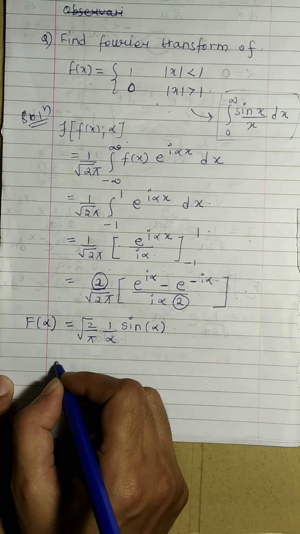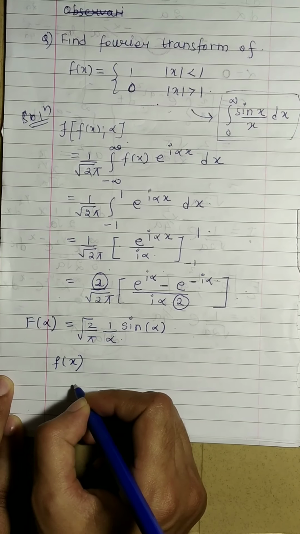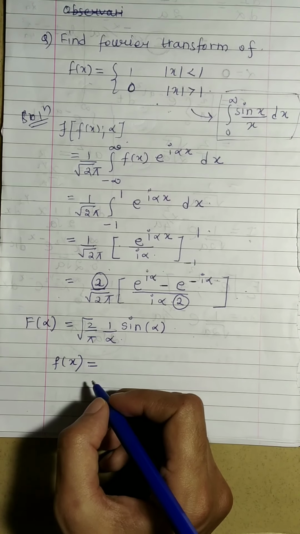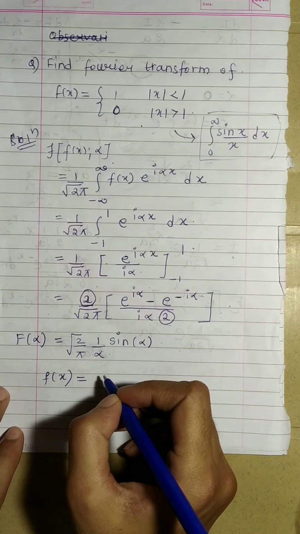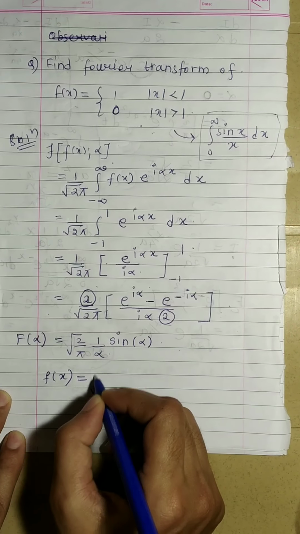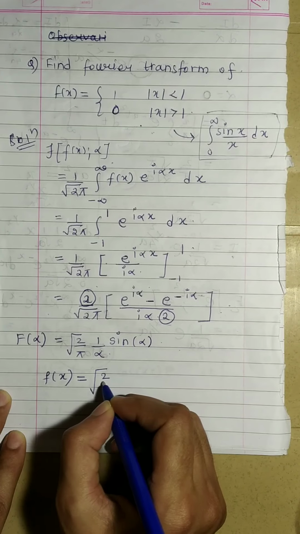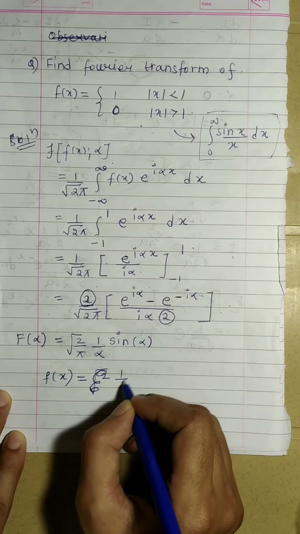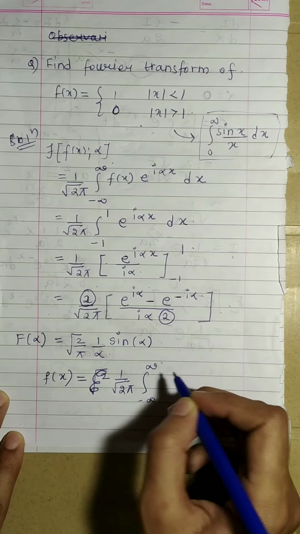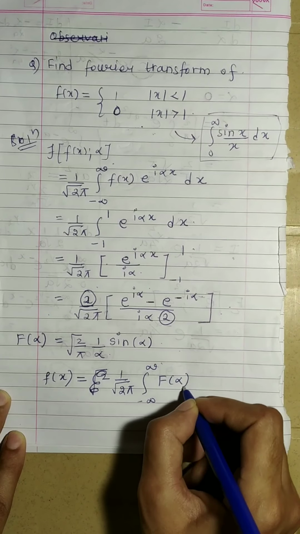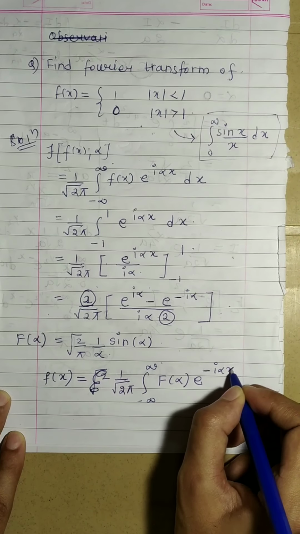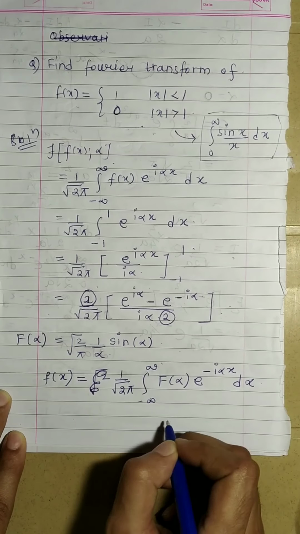Now by taking the inverse Fourier transform, we will have 1 upon root of 2 pi integral from minus infinity to infinity f of alpha into e raised to minus I alpha x d alpha.